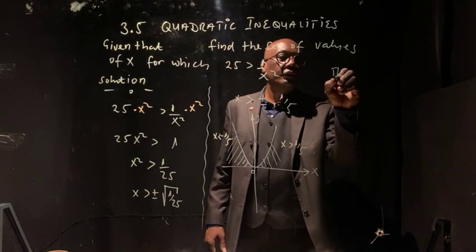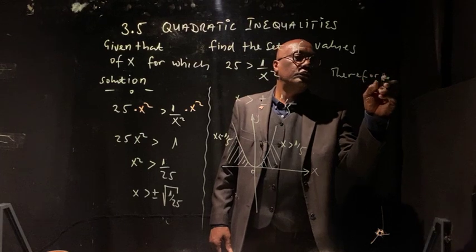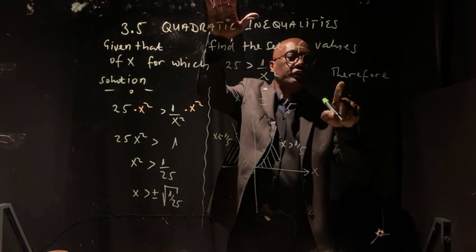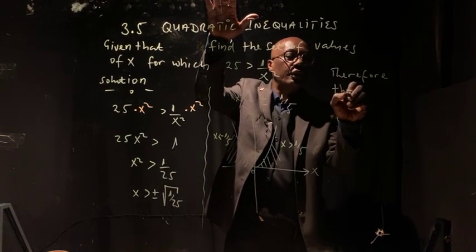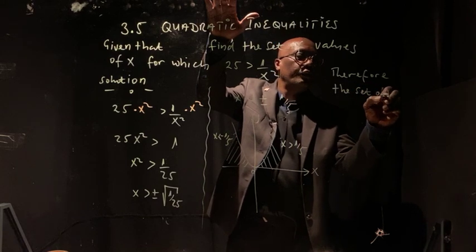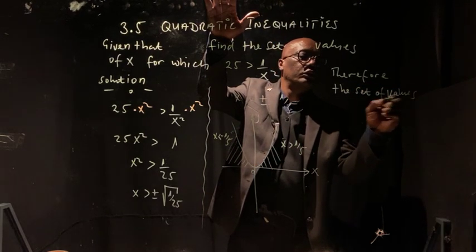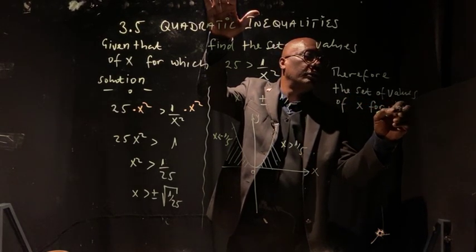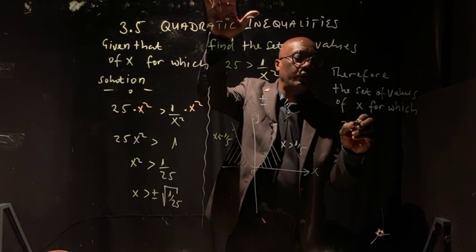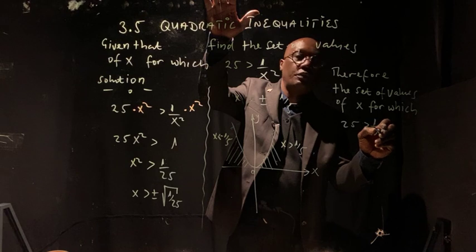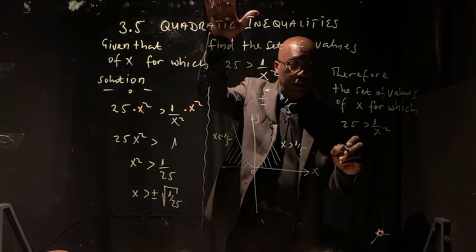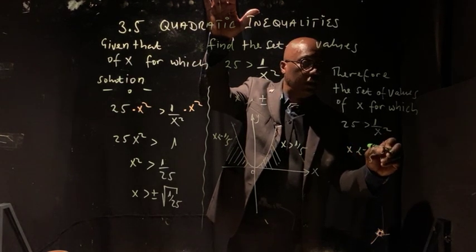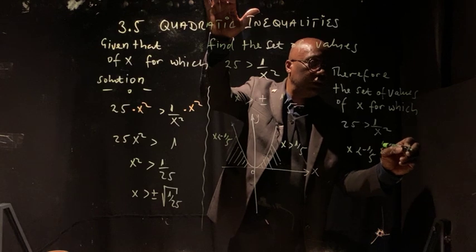Therefore, the set of values of x for which 25 is greater than 1 over x squared are x less than minus 1 over 5 and x greater than positive 1 over 5.